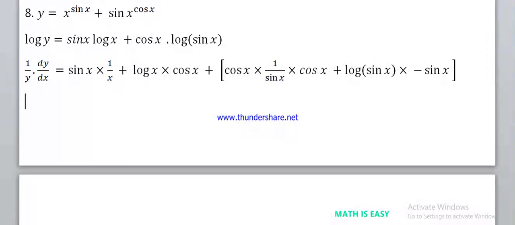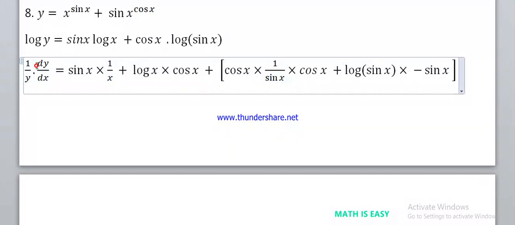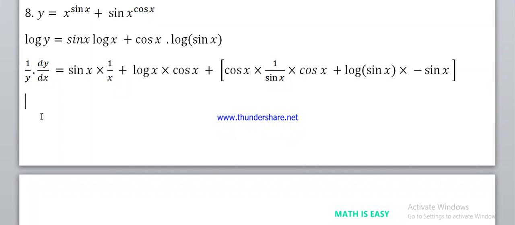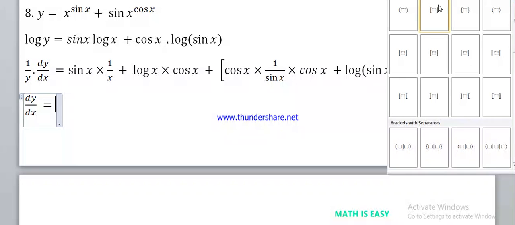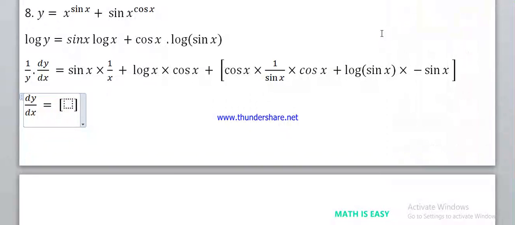If you want further simplification here, you will get dy by dx equals to, and I will use a curly bracket.